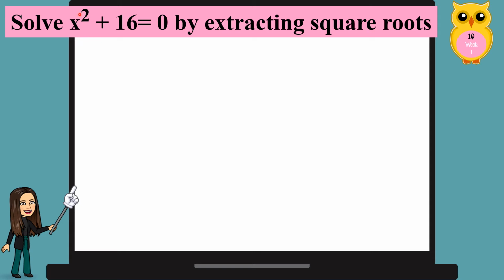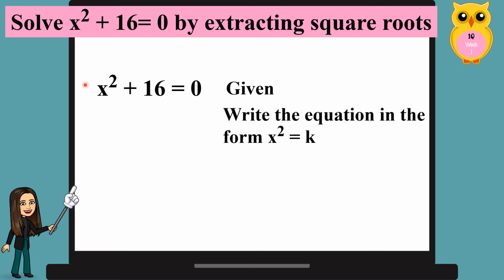Next, we have here x squared plus 16 is equal to 0. Again, rewriting our given. Okay, first step, since the given quadratic equation is not yet written in this form, what will you do to positive 16?